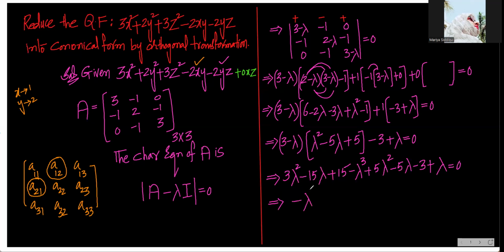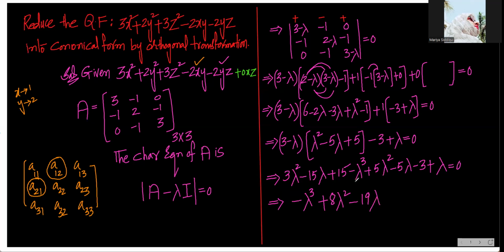Minus lambda cube. Now see, 5 plus 3 is 8 lambda square. Now the lambda values: minus 15 minus 5 is minus 20, plus lambda means minus 19 lambda.